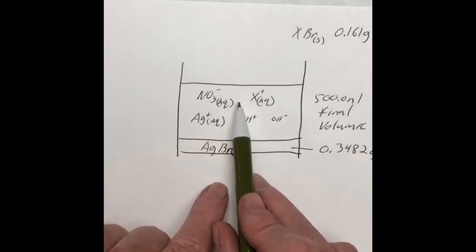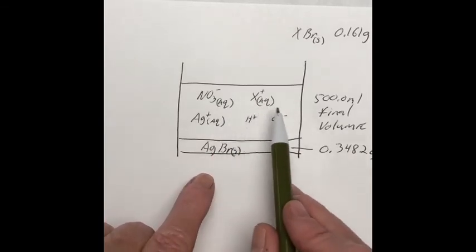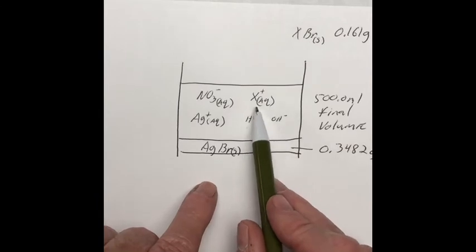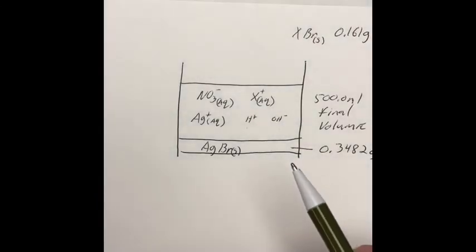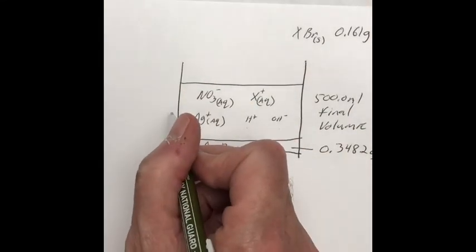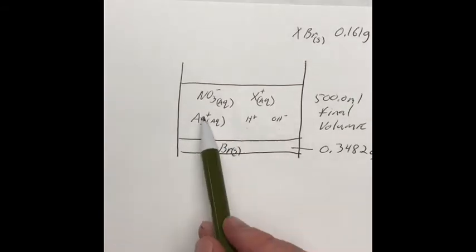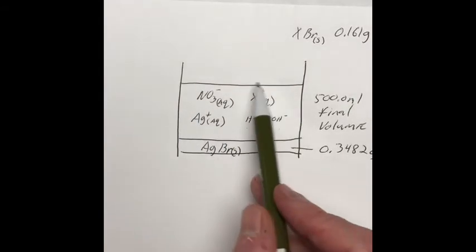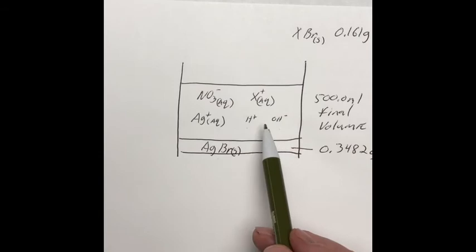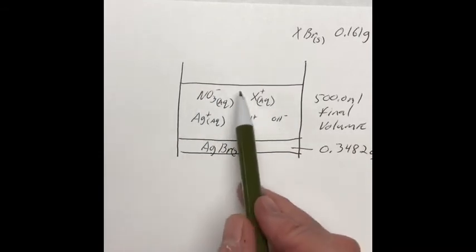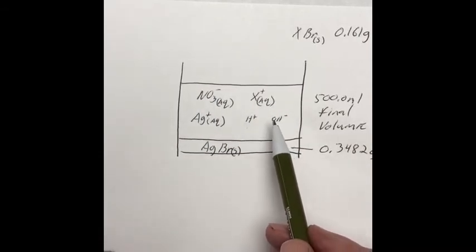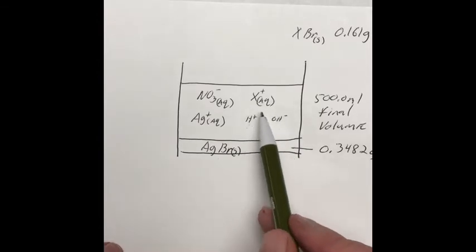Now, these ions here are hydrated. They're surrounded by the famously polar water molecules. If we look at one of these, and again, these silver ions are spread out evenly in this solution, the nitrates are spread out, and all of them are hydrated by many water molecules.